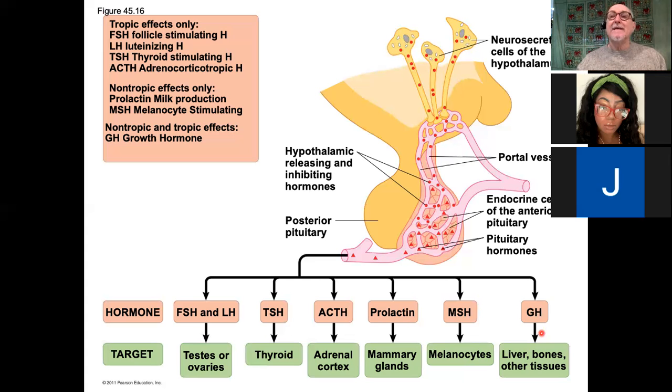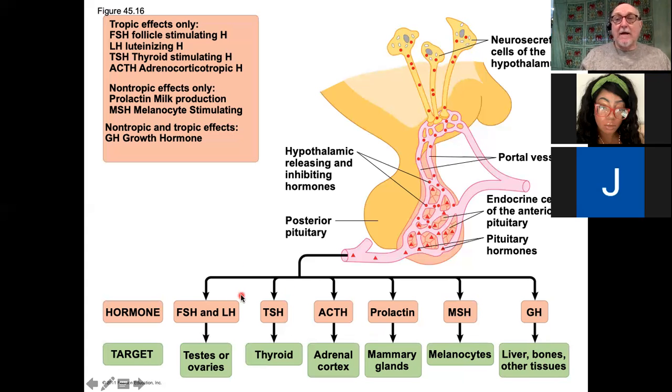It is released in large amounts at puberty to cause that growth spurt that occurs in puberty, but it actually is released throughout our lives in a very controlled fashion, and it has important regulatory function for all growth and development, and also on cell division and all sorts of other things as well. So it affects many, many different organ systems.